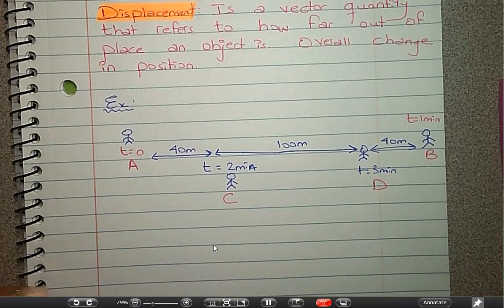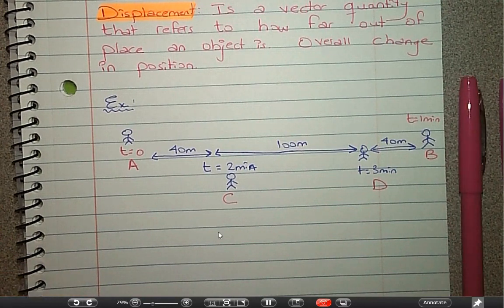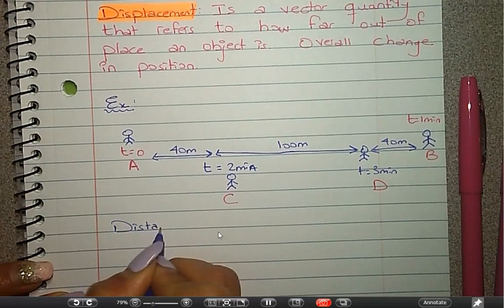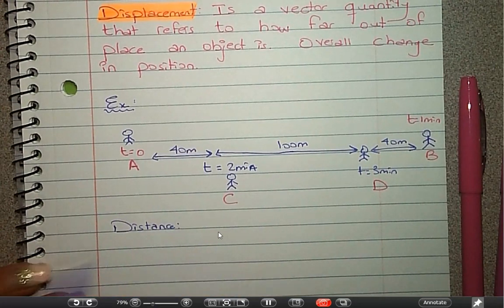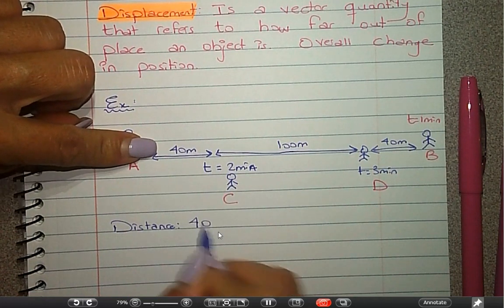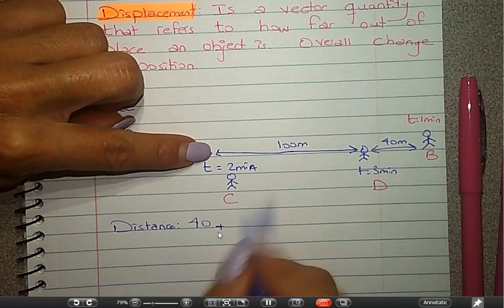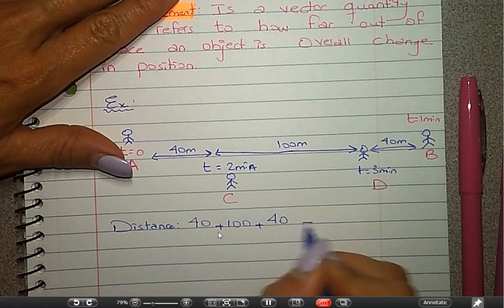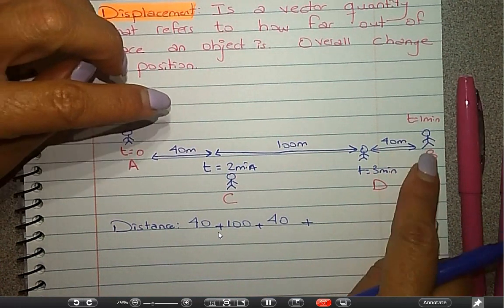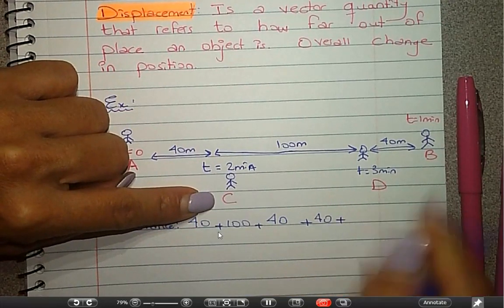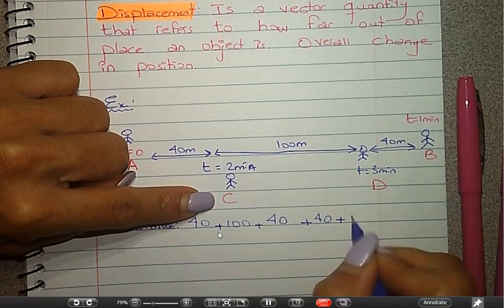So let's find this out. When we talk about distance, that means we do not care about the direction. So the distance traveled, he got 40 plus that 100 plus that 40, plus he came back to C. So that would be 40 plus 100.